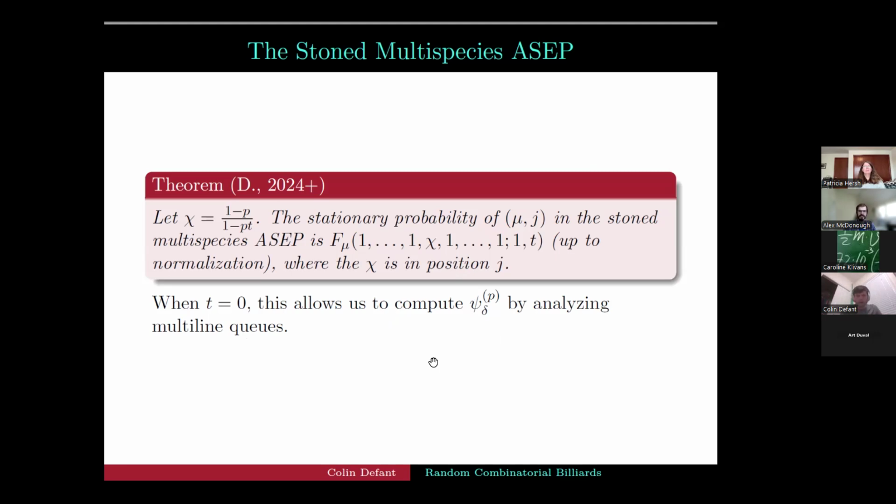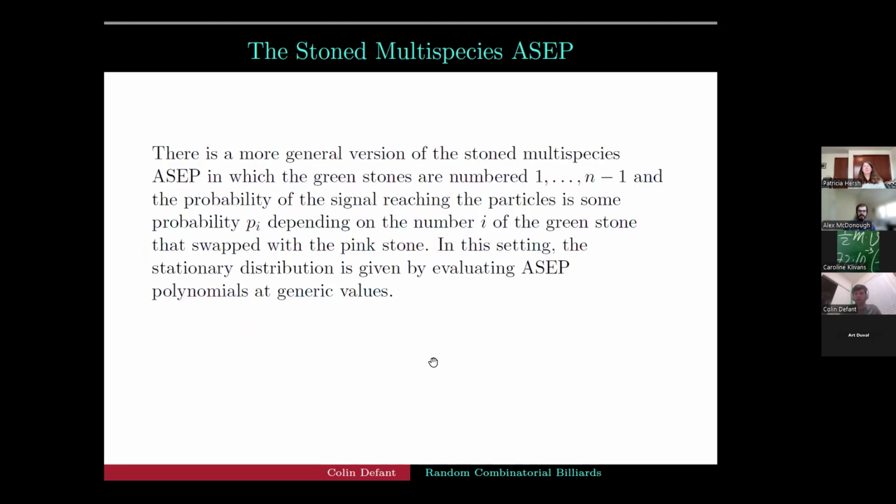Okay. Well, actually there's a more general version of the stone multi-species ASEP. In this more general version, we can number the green stones from 1 to n minus 1. And now the only difference is that instead of having one fixed probability p, we have probabilities p sub i, say p1 through p n minus 1, and we associate the probability p i with the green stone numbered i.